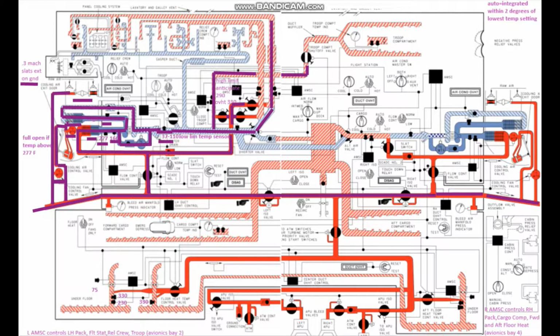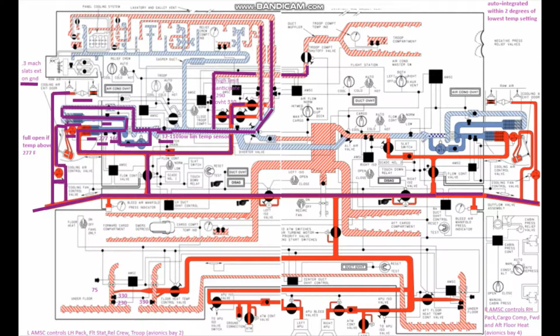Now, as it makes its way up and through, you'll notice that there are some sensors down here. One of them is an anticipator thermostat, and the other one is an overheat. The anticipator is set for 290, and the overheat thermostat in here is set for 330.